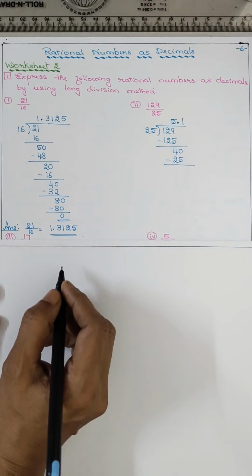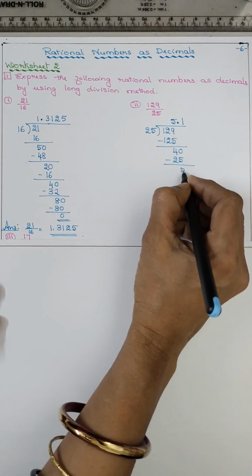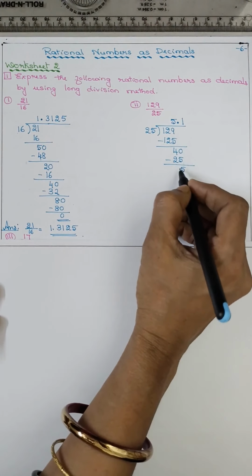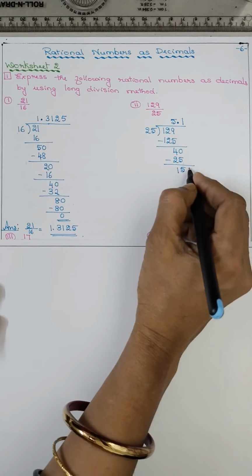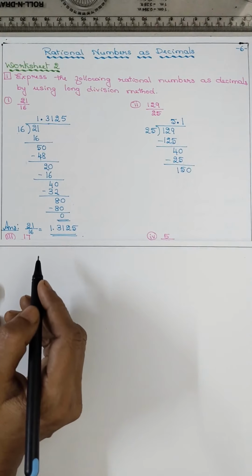So you can't put 2 ones are. 10 minus 5 is 5. Now here it is 3 minus 2, 1. Take extra 0. 25 how much are 150?